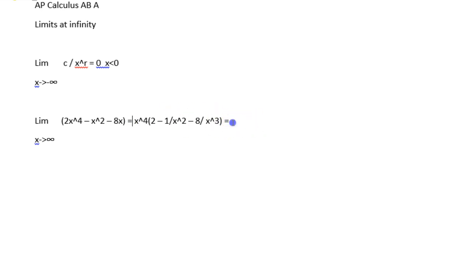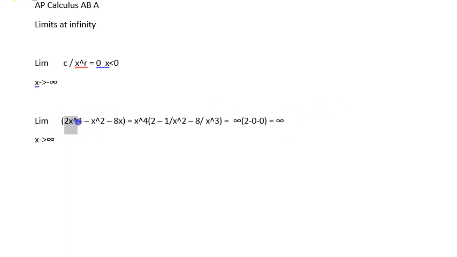This number on the outside, that will be infinity, which makes sense. That x to the 4th approaches infinity, whereas the other numbers approach 2 minus 0 minus 0. Infinity times 2 is just infinity. So this does approach infinity, but not the normal way we're used to.